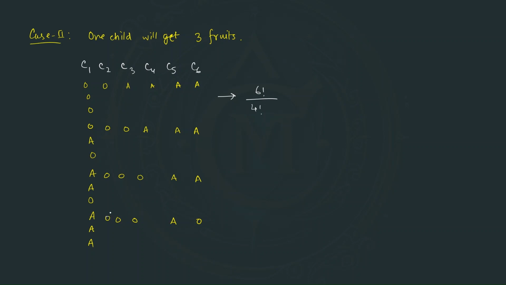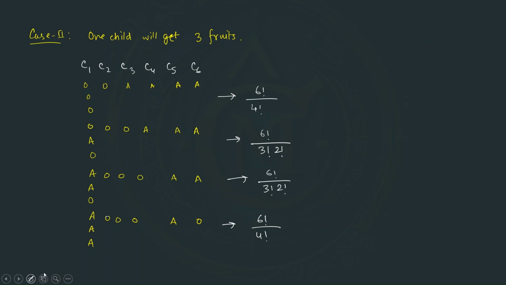Similarly, as this case is the mirror of this case, it will be 6 factorial divided by 4 factorial. And this will be 6 factorial divided by 3 factorial 2 factorial, and this will be the same.